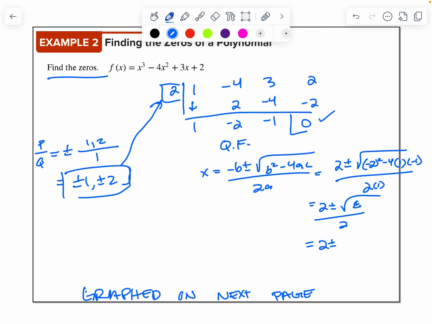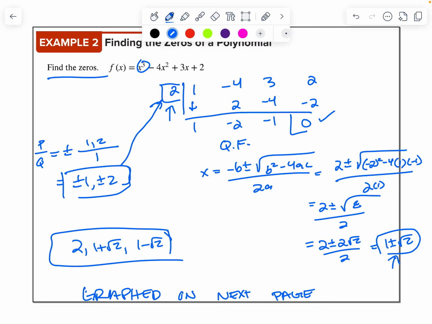And we could simplify that square root of 8. And so that's the same thing as 1 plus or minus square root 2. And now we do have 3 solutions. We have 2, 1 plus square root of 2, and 1 minus square root of 2. If we wrote out the whole solution set: 2, 1 plus square root 2, 1 minus square root 2.